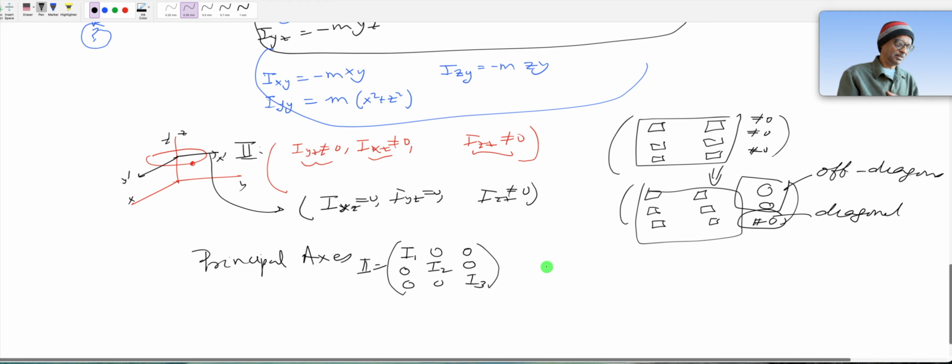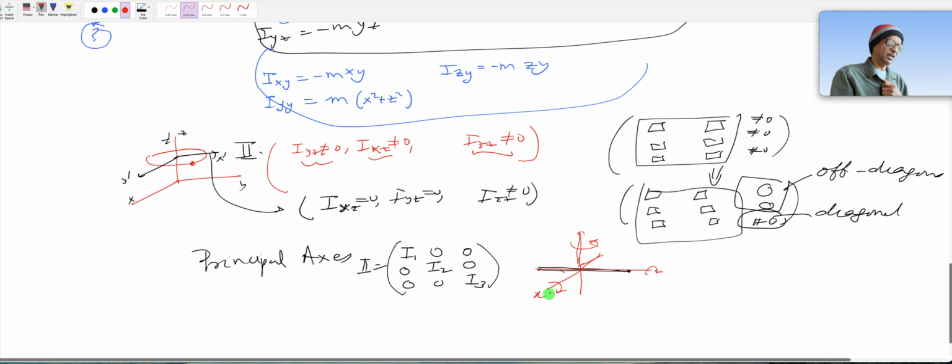So here is an example of principal axis. Suppose I have a rod, and I choose coordinate axes like this: rotation about this, rotation about this, and the third one, rotation about that.